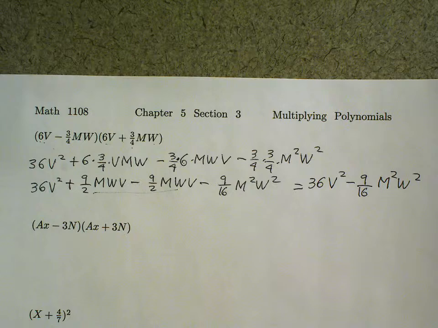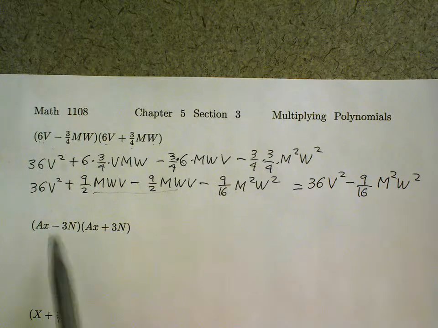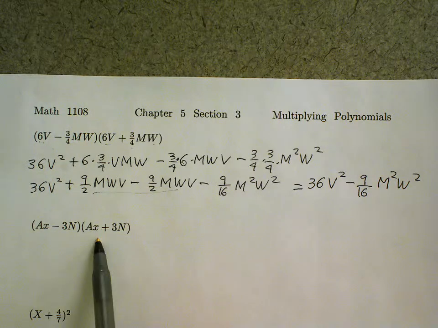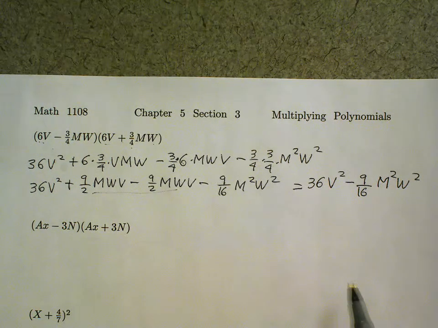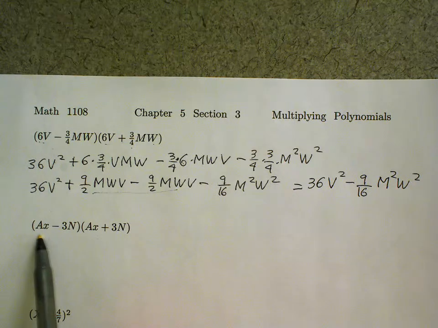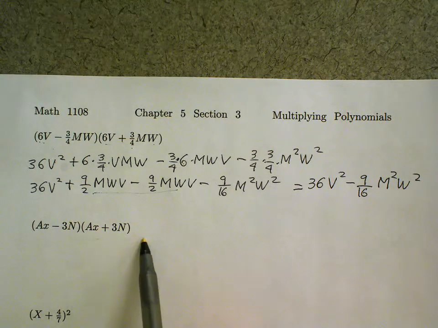So if we multiply it all out and we get 4 terms, the 2 middle terms will combine to give us 0. These are conjugate binomials, so the same pattern that we've seen in the previous 2 examples will occur again. But let's go ahead and multiply it out.